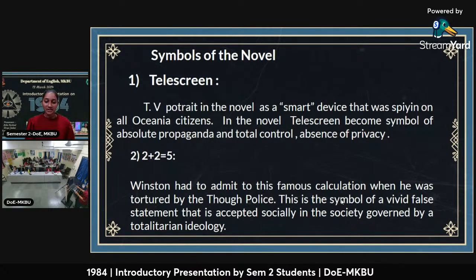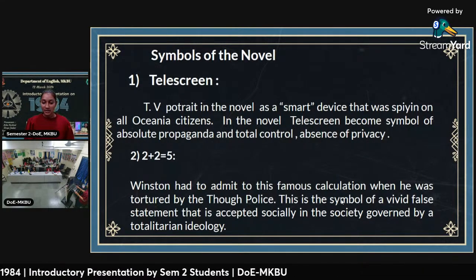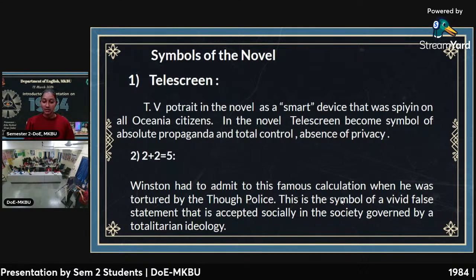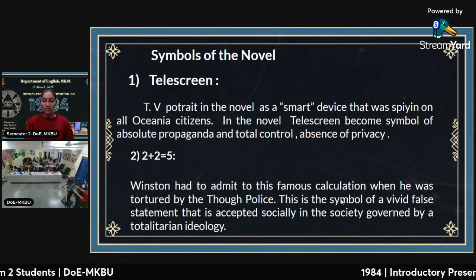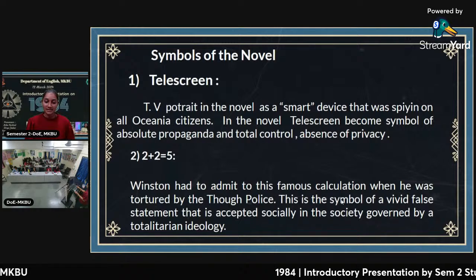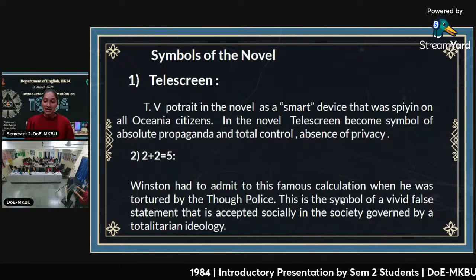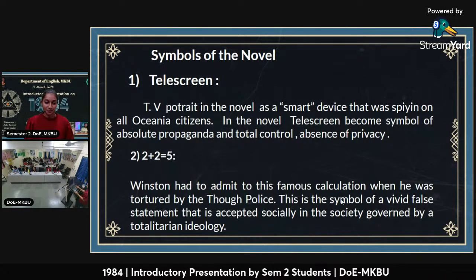Winston had to admit to this famous calculation when he was tortured by the Thought Police. This is the symbol of vivid false statements that are accepted socially in a society governed by a totalitarian ideology.